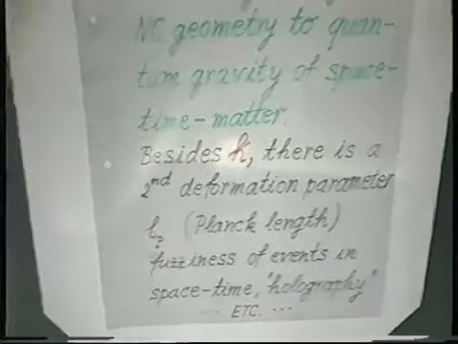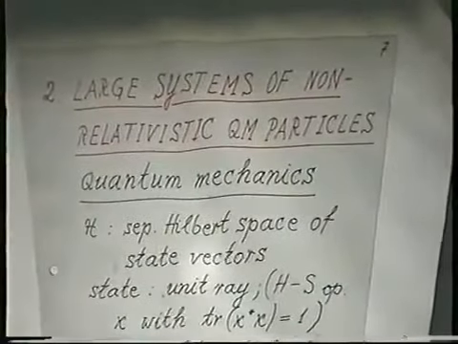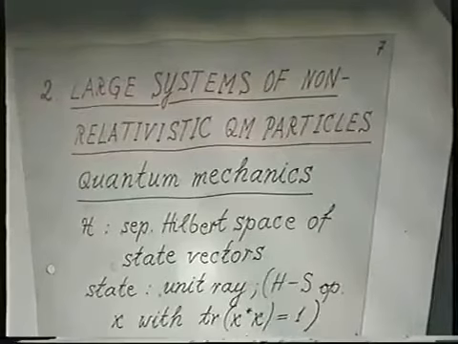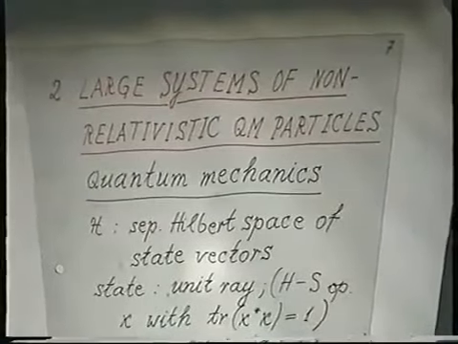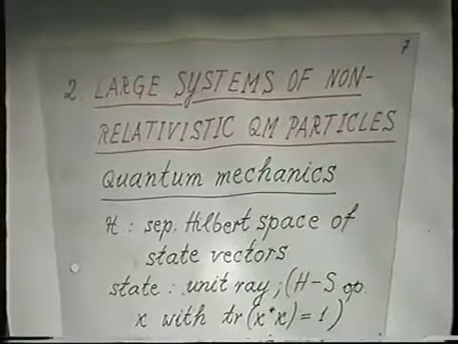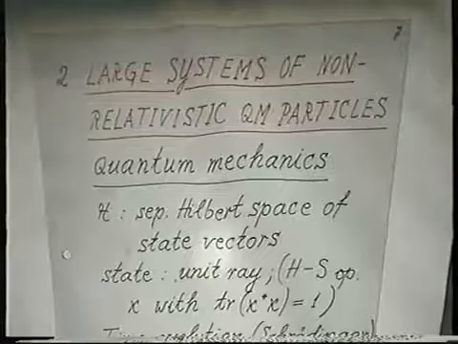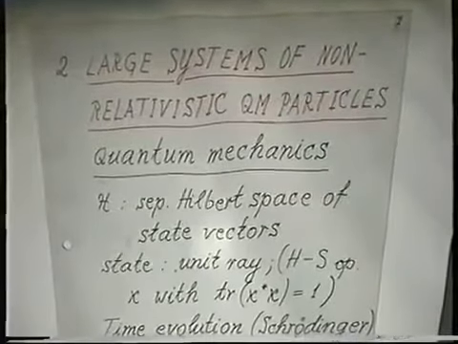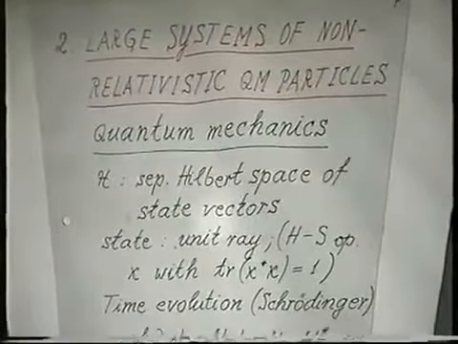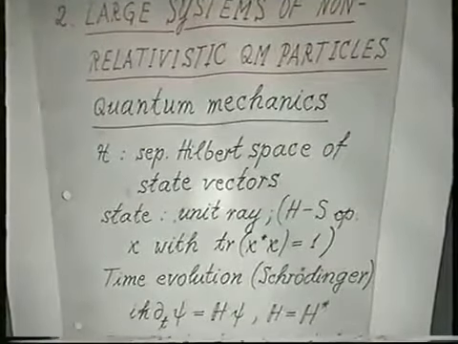So let's start with a little introduction about quantum mechanics. The state space of a quantum system is a separable Hilbert space. A pure state is a unit ray in this Hilbert space, or a mixed state is a Hilbert-Schmidt operator with the property that trace kappa star kappa equals 1.